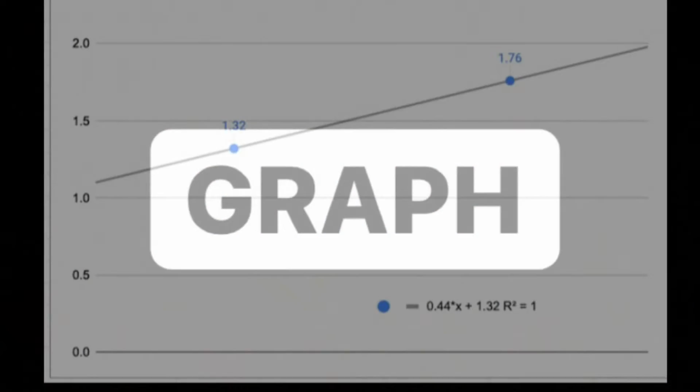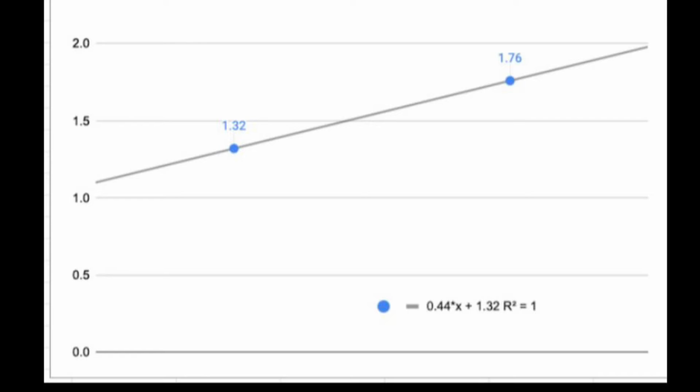I put the results on a graph, and here we have the graph. Looking at the results of the graph, we can see that clearly it has a tendency of going downwards, like going the opposite way.